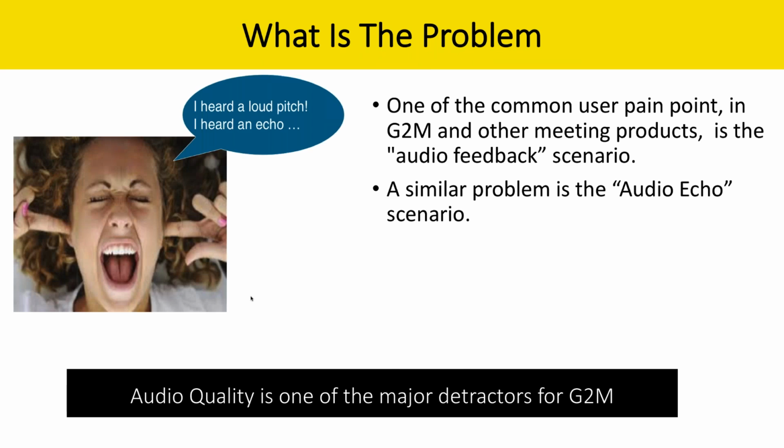Okay, so what's the problem? This is a problem everybody knows. Audio feedback and echo sound is one of the common user pains in many meeting products, and unfortunately, GoToMeeting included. This is the issue you see when more than one participant or GoToMeeting attendee is in the same conference and they sit next to each other.